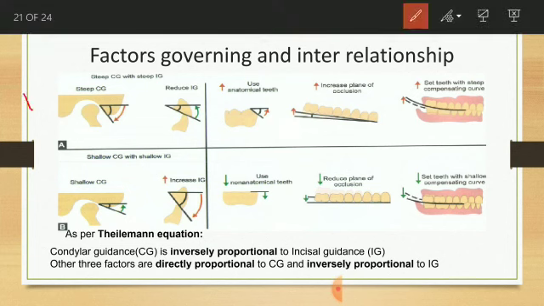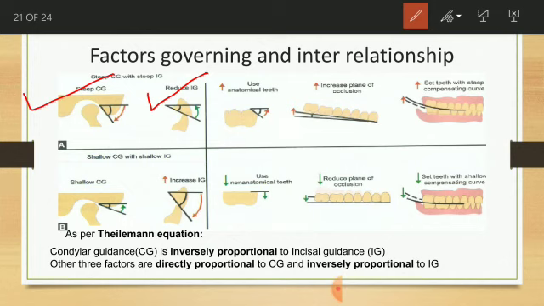In the first figure we have condylar guidance which is steeper. So according to the first statement, which is written below, condylar guidance is inversely proportional to incisal guidance. So if we have steeper condylar guidance, the incisal guidance should be reduced. And according to the second statement, all other 3 factors are directly proportional to condylar guidance.